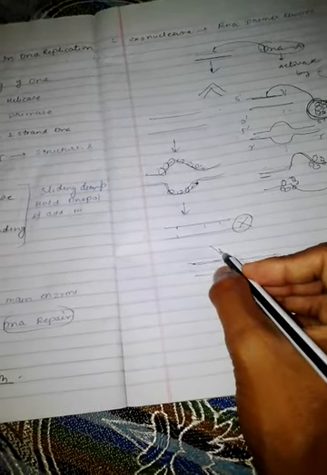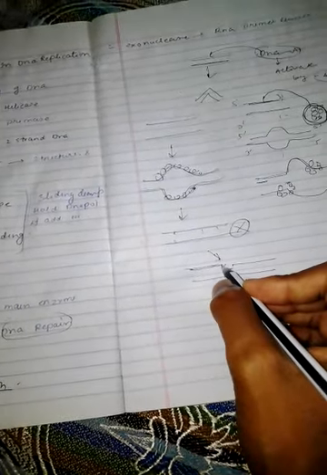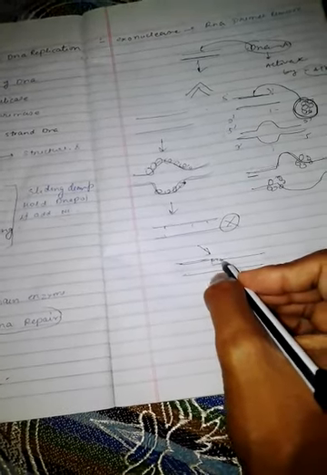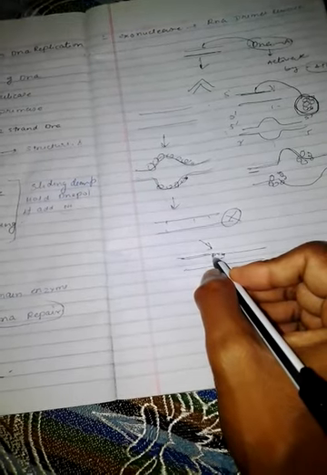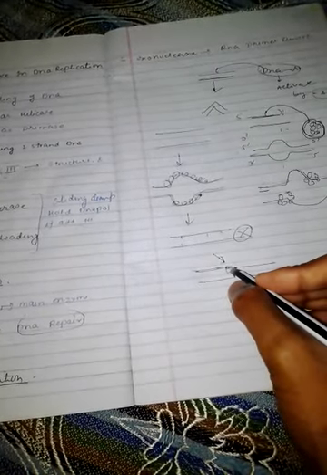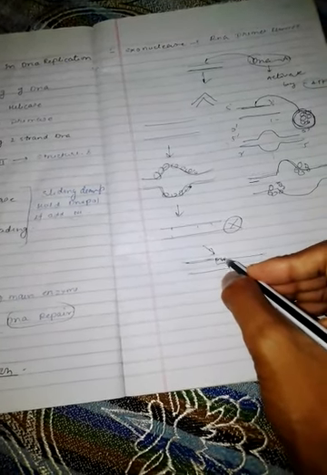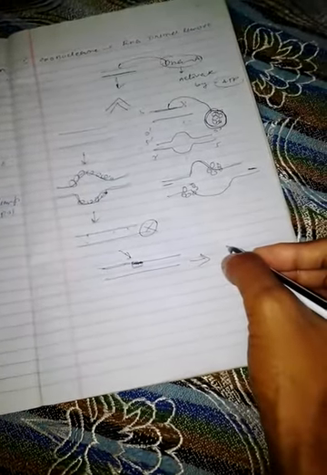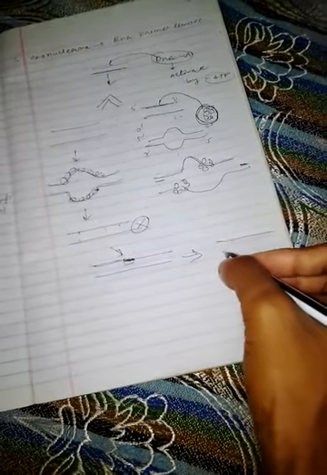Here DNA polymerase recruits a particular nucleotide to fill the gap, and DNA ligase helps in sealing the gap between two nucleotides, and finally this DNA will be converted like that.